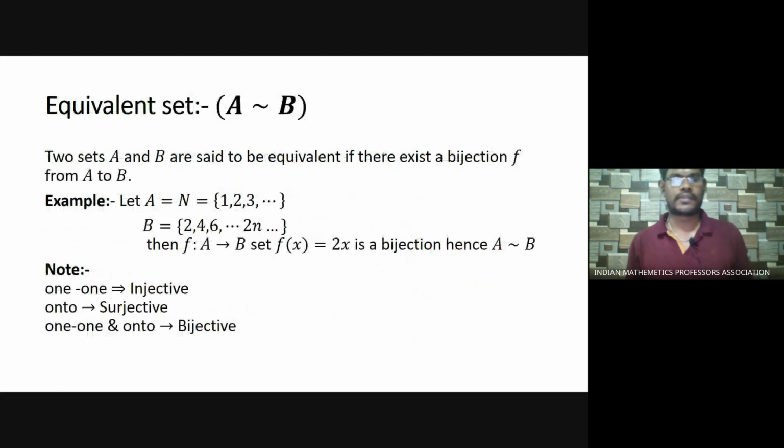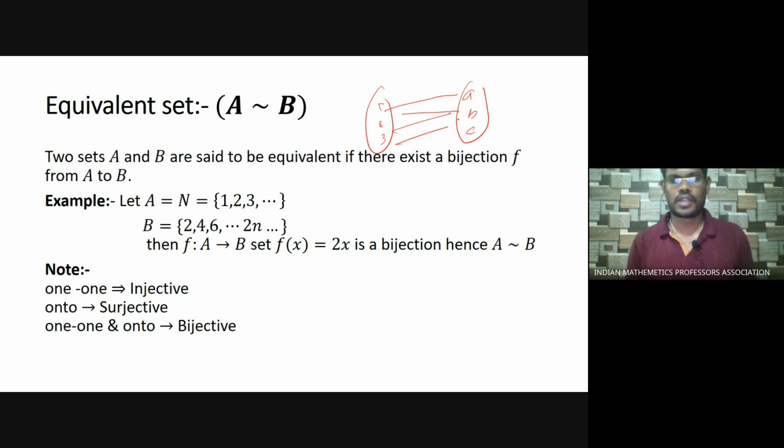Next we'll move on to equivalent sets. This is the definition of an equivalent set: two sets A and B are said to be equivalent if there exists a bijection map from A to B. Bijection means that, suppose you have a domain and codomain, say 1, 2, 3 and A, B, C, there should exist a one-to-one mapping as well as an onto mapping.